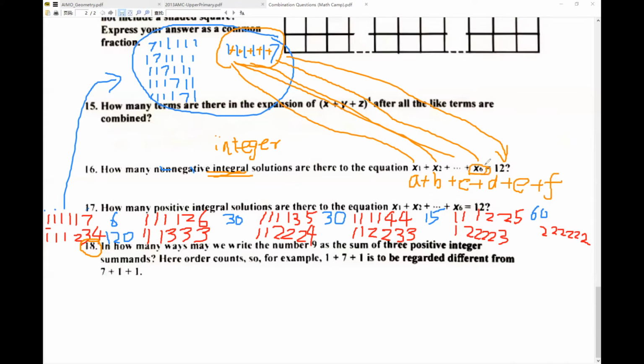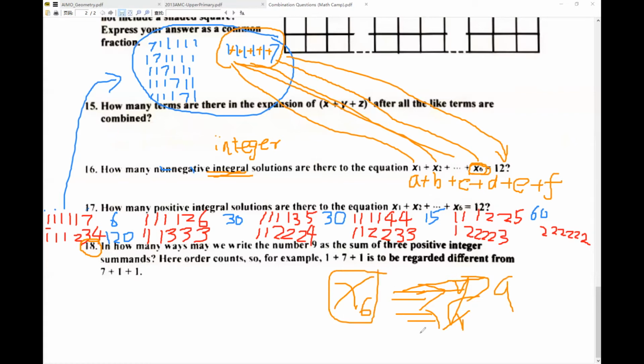X6 just means it's a variable, a numeral, same as Y, or X, or A. This is just a denoting. Nothing fancy, okay? You can read it as A plus B plus C plus D plus E plus F equals 12. How many different solutions are there?